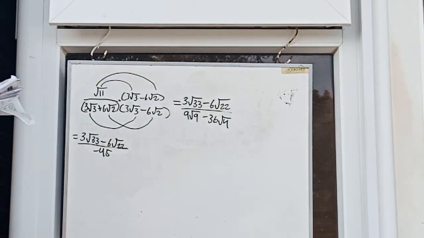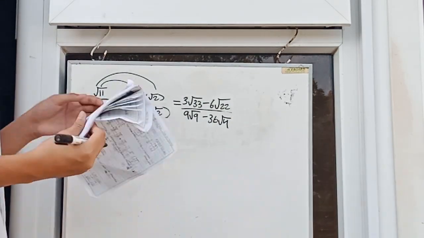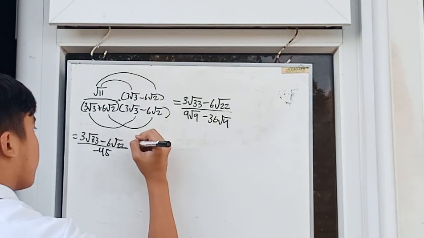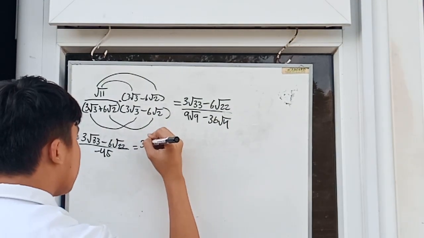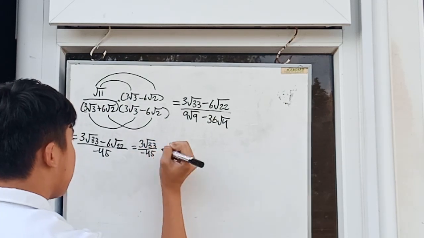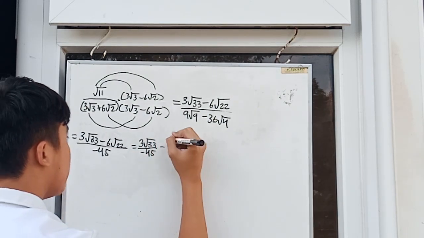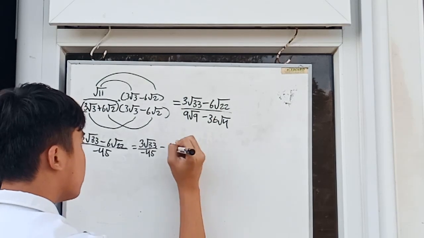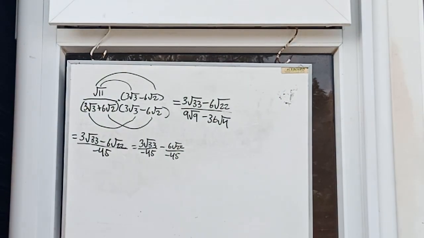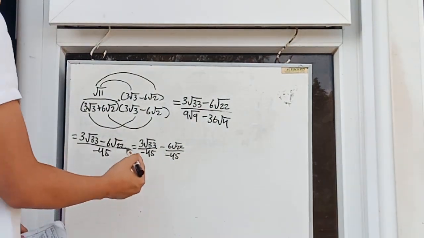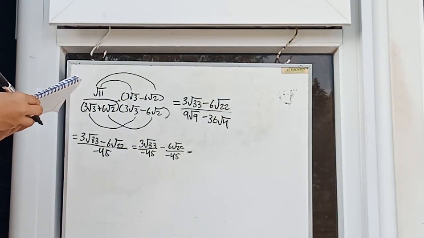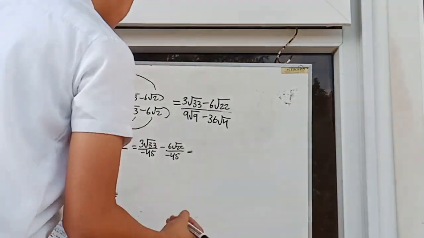So now, this is not yet the final answer, because we have to split it. So over here, we have 3 square root of 33 over negative 45 minus 6 square root of 22 over negative 45. Now, we can simplify this because 45 is divisible by 3. So now, negative 45 divided by 3 is 15.